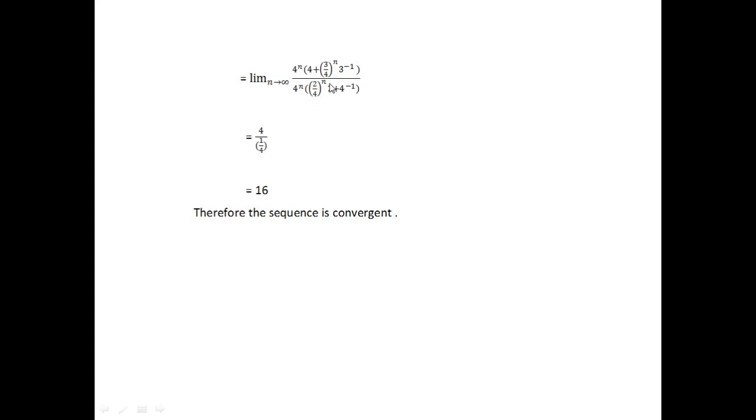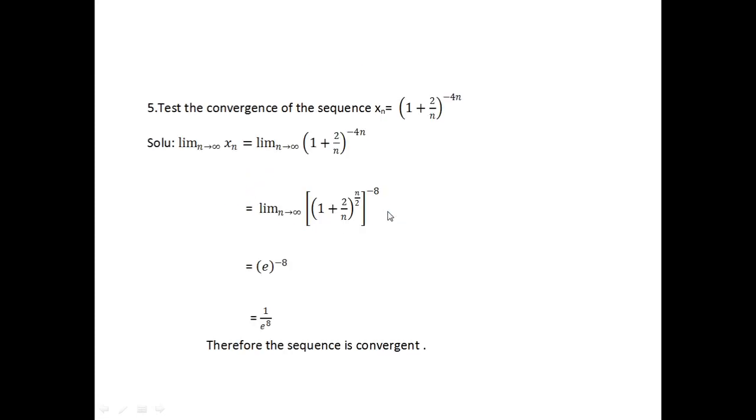That is why this to the power of infinity is 0. 0 into 2 is 0. 0 plus 4 to the power of minus 1 is 1 by 4. Therefore, ultimately we have 4 divided by 1 by 4. Now this 4 comes to numerator. 4 into 4, 16. Since we have a unique limit value, the given sequence is convergent and converges to this value.